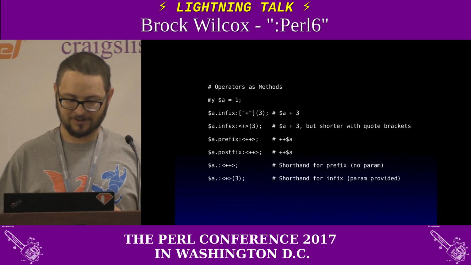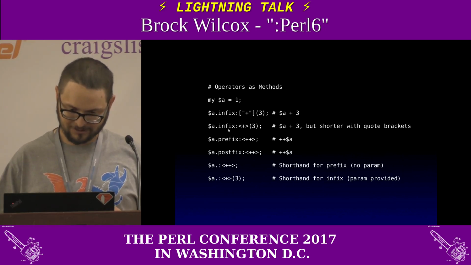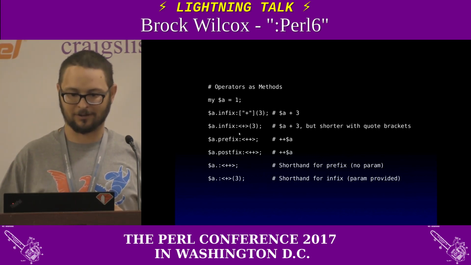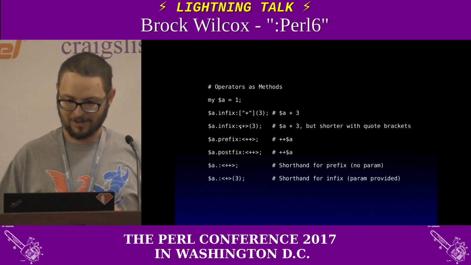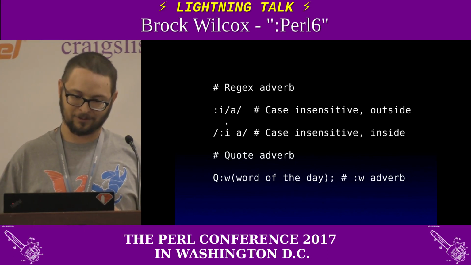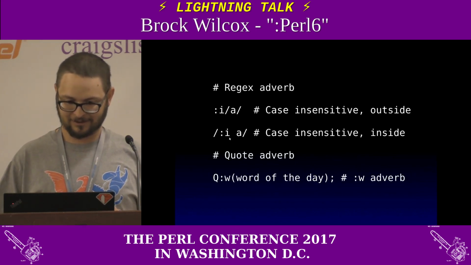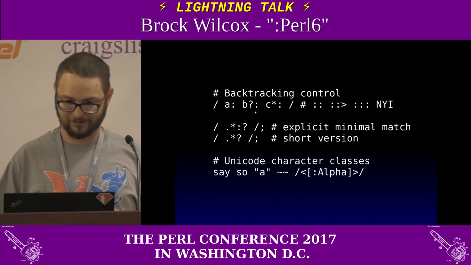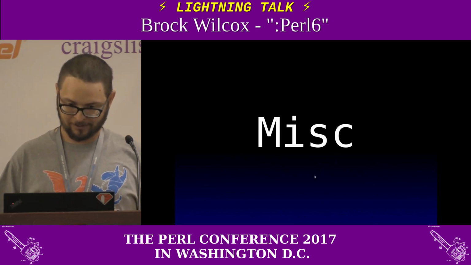You can use this as kind of an expanded name, which looks like colon pair syntax, but is kind of part of the name of the thing in which you're now using the infix operator as a method. You can use them in regexes, like the colon i and the colon i inside of it, and also for the quote adverb type things. You can use it in regexes as a colon my for local variable, and you can do them in here to control backtracking and Unicode classes.